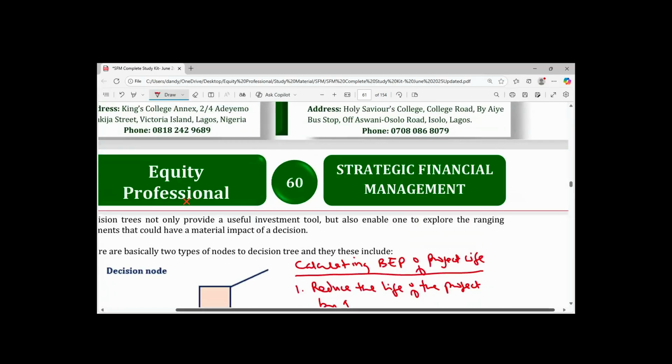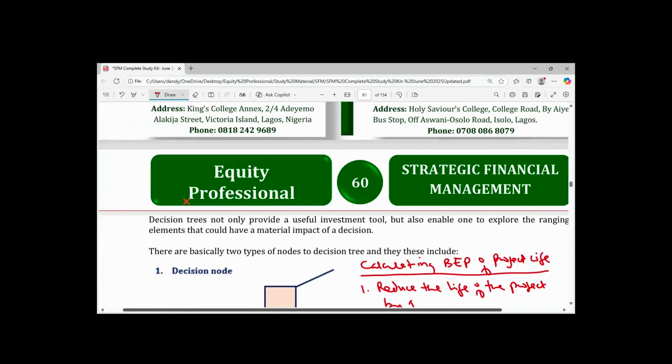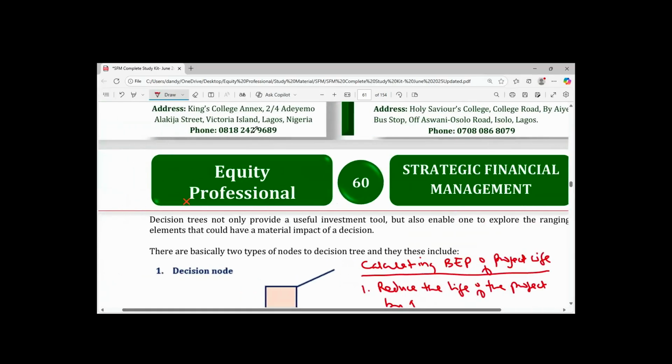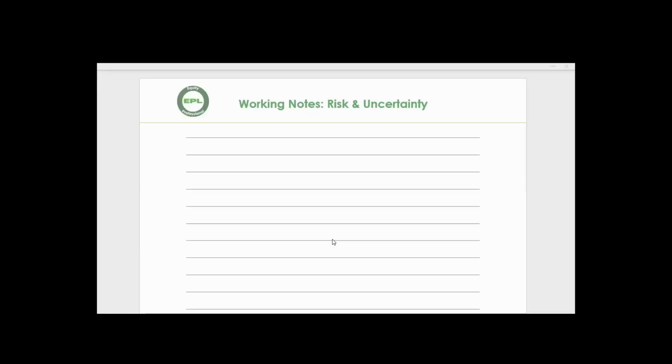So let me switch. I want to show you how to interpret your results anytime you compute sensitivity margin. This space is not sufficient for me, so let me quickly switch to the working notes. To interpret, I'll just come here: interpretation.